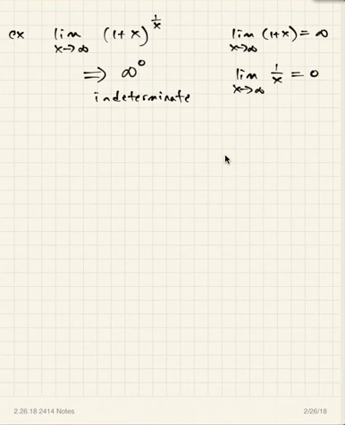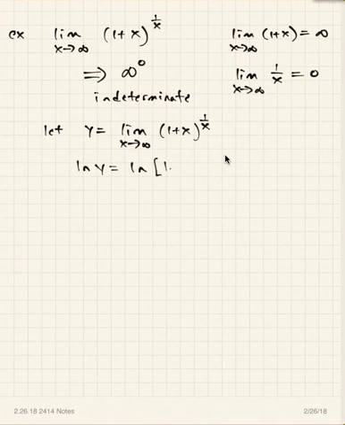What you have to do is let y equal the limit, or whatever letter you want to use. So let y be this limit. The nice thing about that is it gives you a nice little equation, and then what you do is you take the natural log of both sides of this equation. And then you bring up what seems like a little bit of a sleight of hand or a trick here, but it's not.